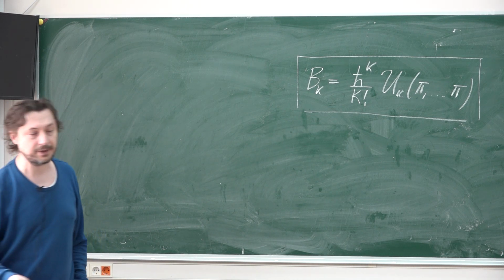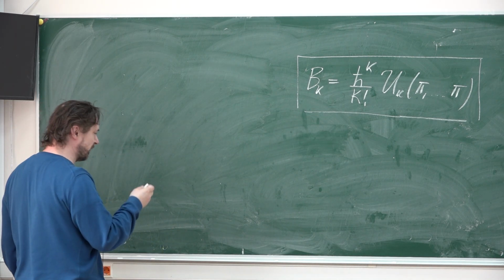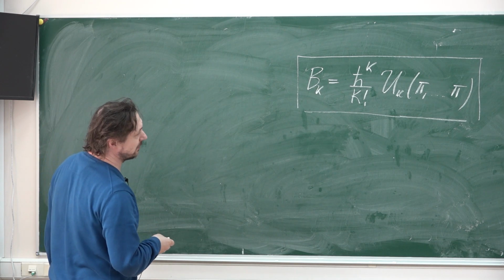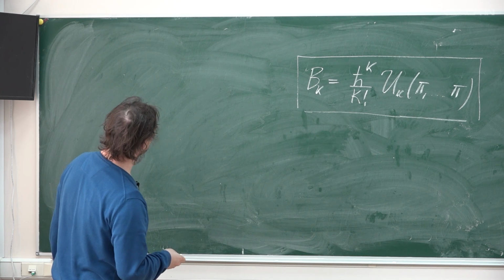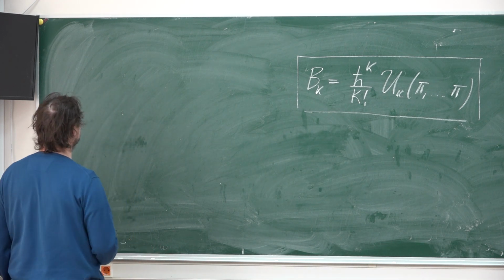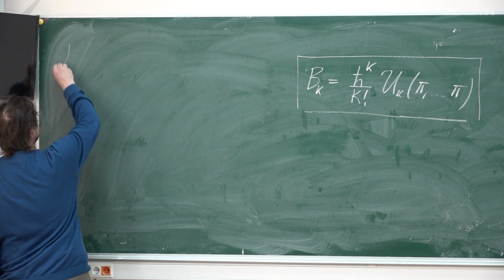You can now formulate it as a theorem. Let me begin with formulating this Kontsevich formality theorem, more or less close to the original form Kontsevich used to formulate it. Theorem.